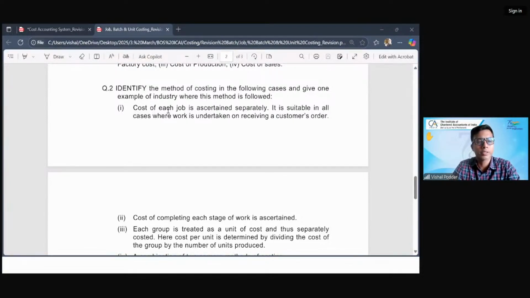So both things are asked. Firstly, identify the method. Second, give the name of the industry where this method is applied. Tell me.